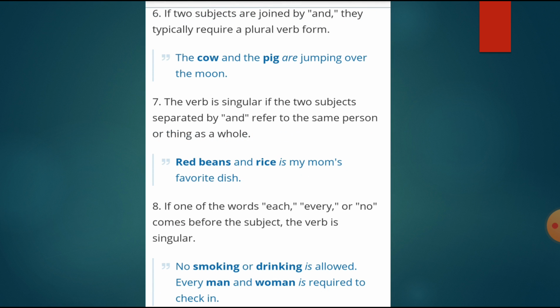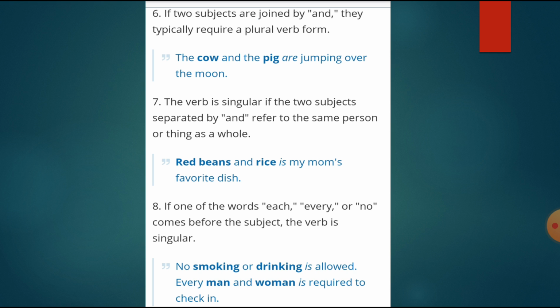Rule number 6. If two subjects are joined by and, they typically require a plural verb form. Even if they may be singular separately, if they are joined by and, definitely they will take plural form.